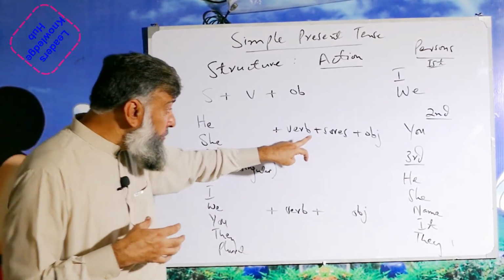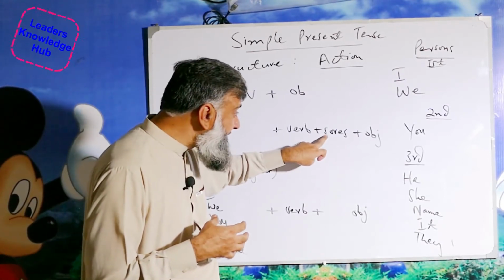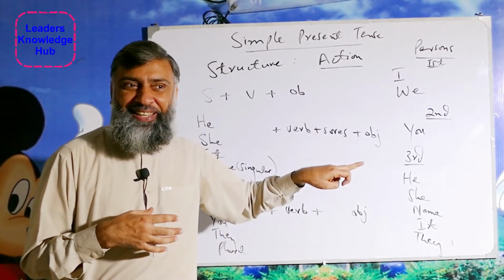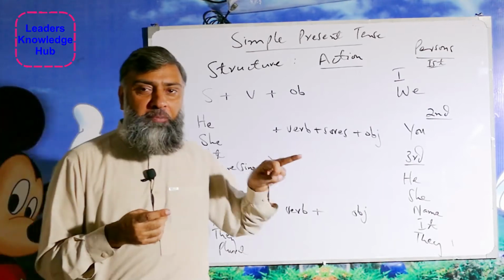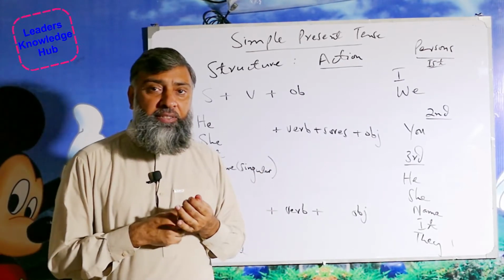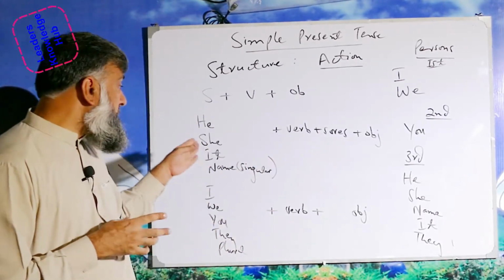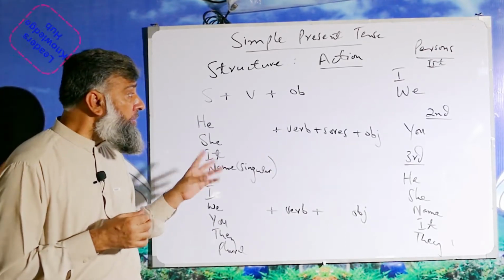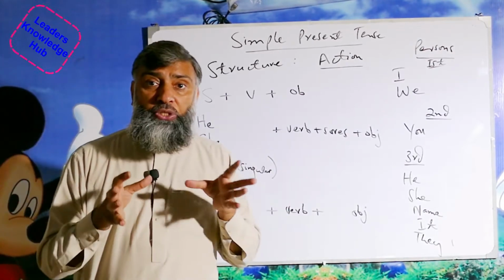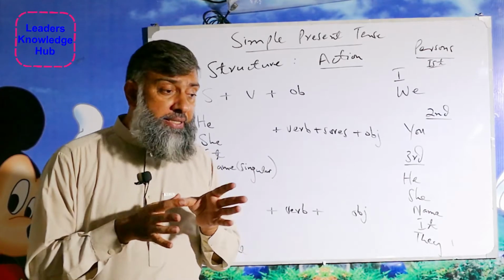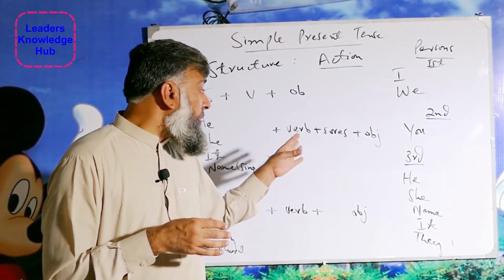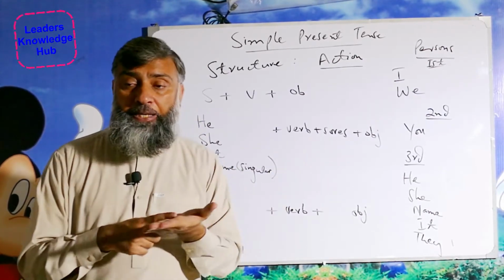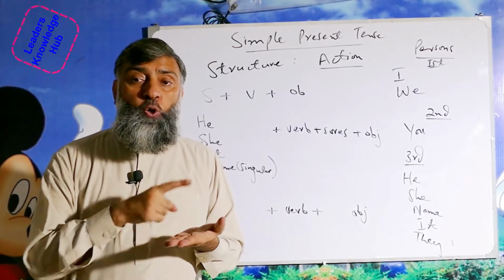Then you need to use S or ES. You need to keep in mind that for making simple present tense, when you are using he, she, it, or a name, you need to use S or ES with the verb. For example, I say he or she goes to school.